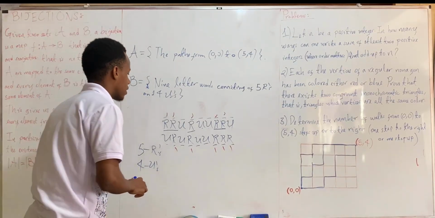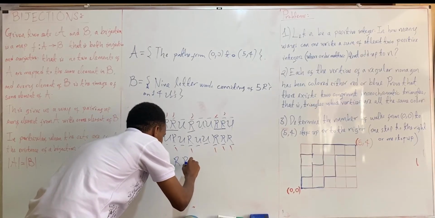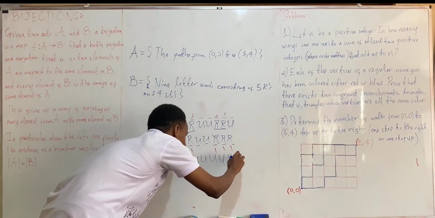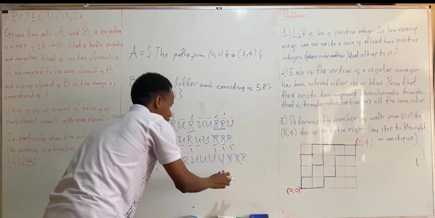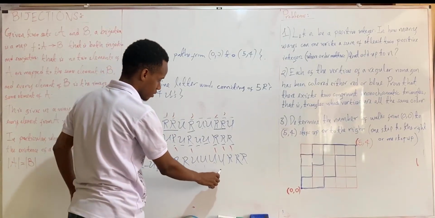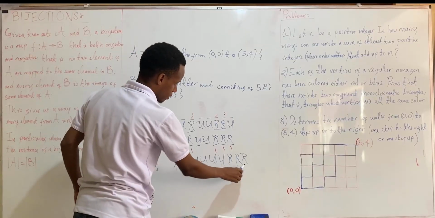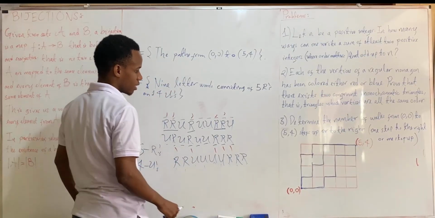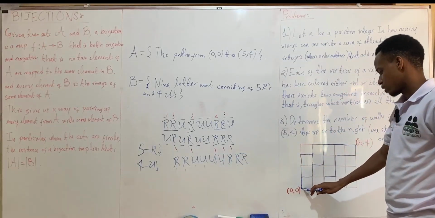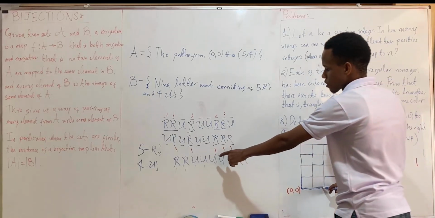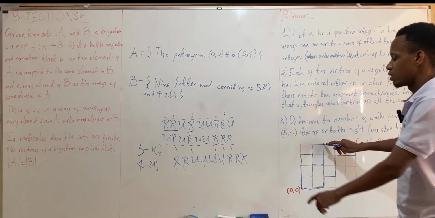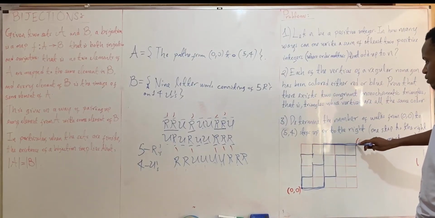So for example, maybe I can write R, U, then R. This word clearly is in this set by definition, because we have 4 U's and then we have 1, 2, 3, 4, 5 R's, and this will be an image of the path that goes 2 steps to the right, then 4 steps upwards, 1, 2, 3, 4 steps upwards, then 3 steps to the right.